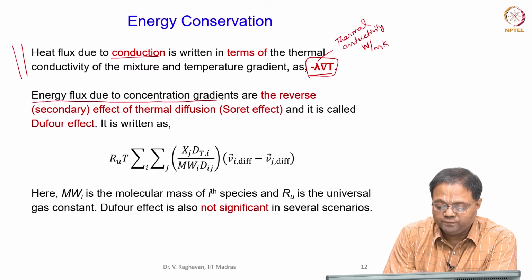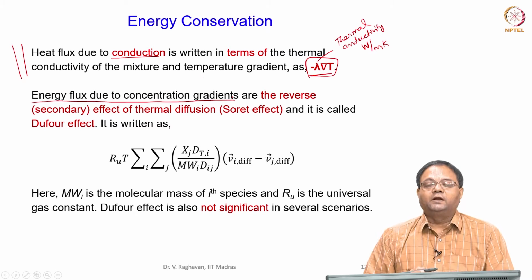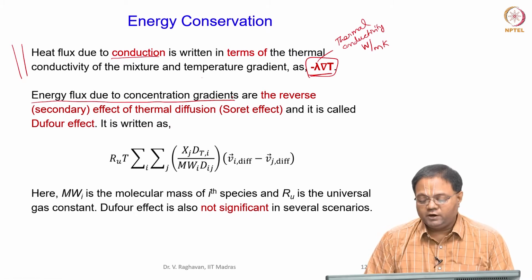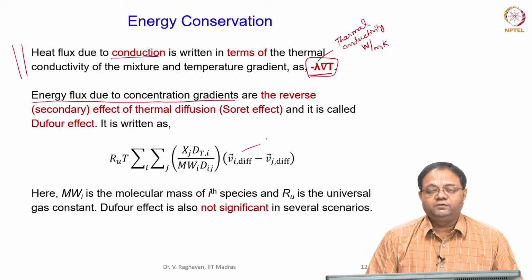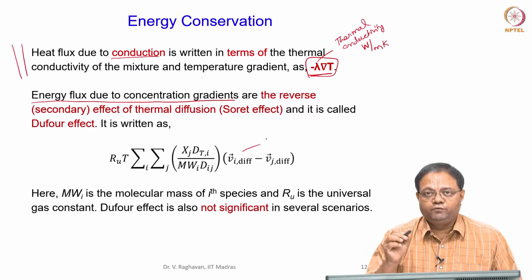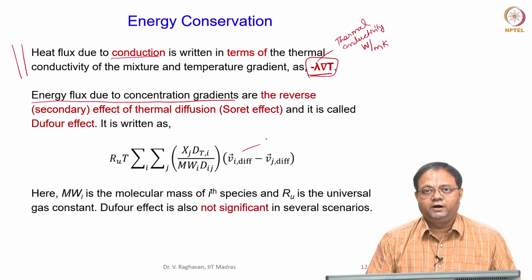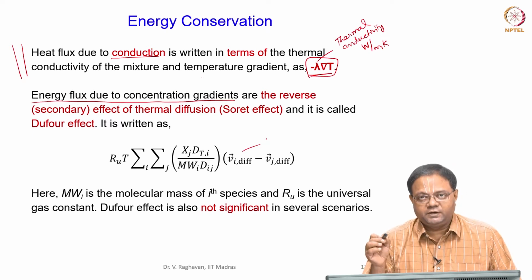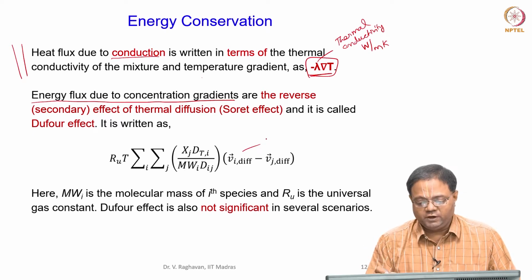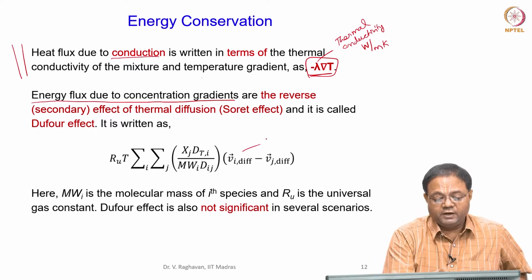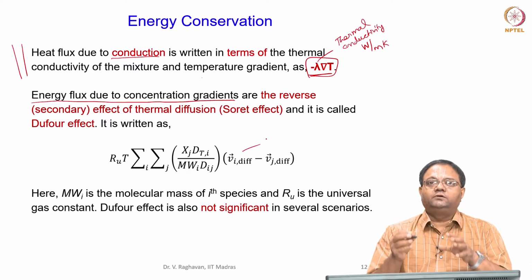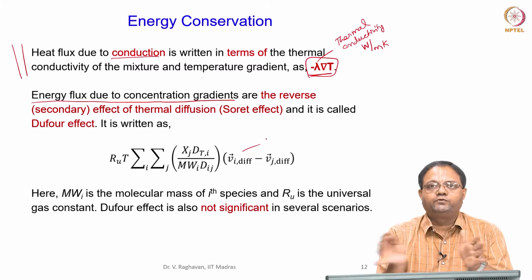concentration gradients. Okay. Please understand that we have calculated the diffusion velocity for any species as the sum of the diffusion velocity due to concentration gradient and due to the thermal gradient, the Soret effect. Due to the temperature gradient, there is a diffusion of species.